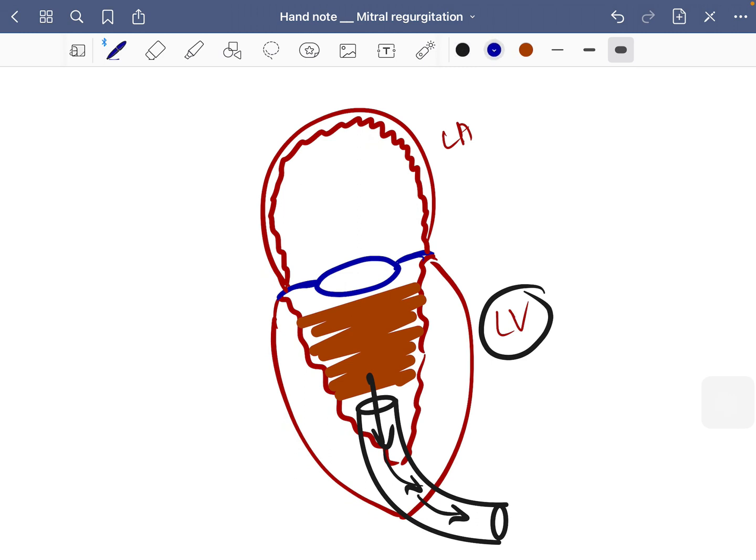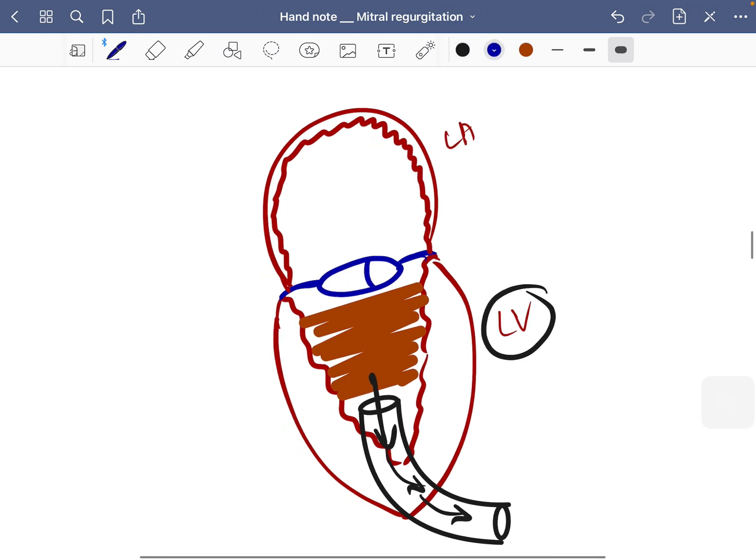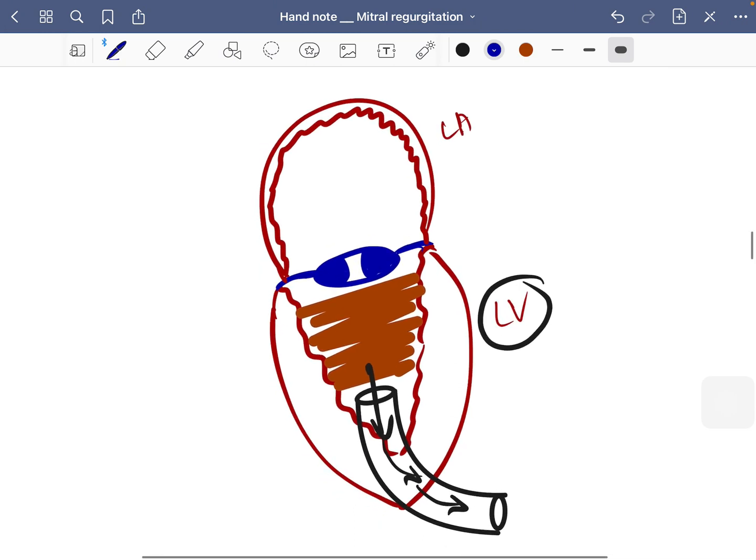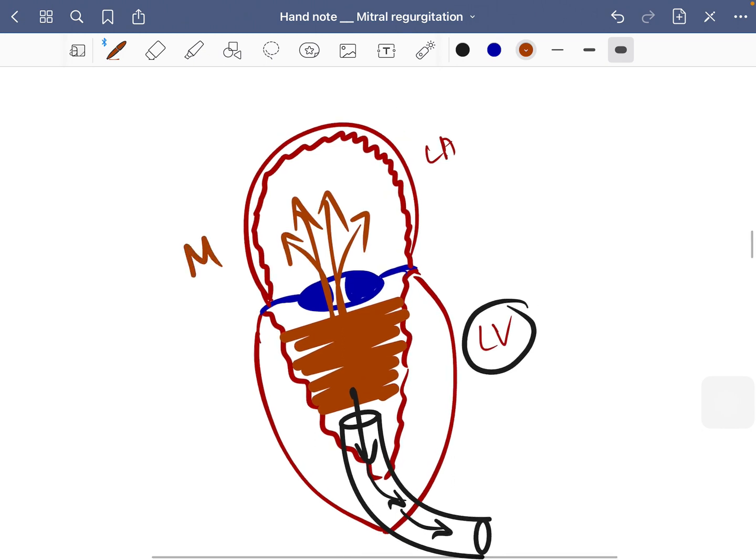But as the mitral valve didn't close completely, when the left ventricle contracts, some blood will go backward from the left ventricle to the left atrium. This is known as mitral regurgitation.